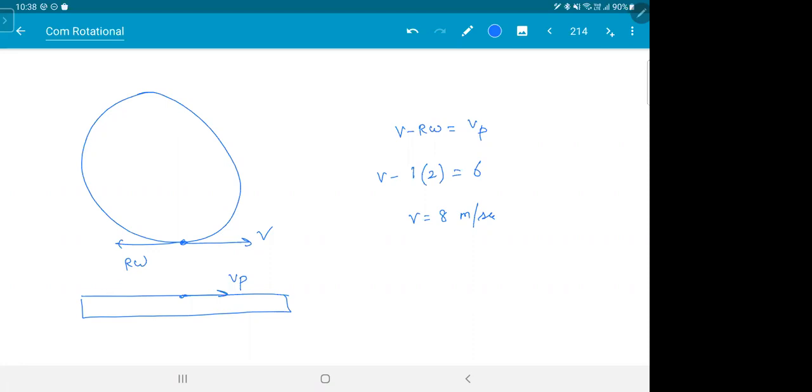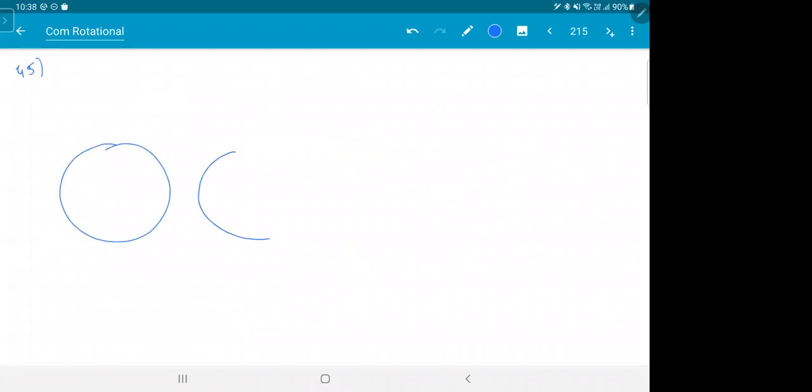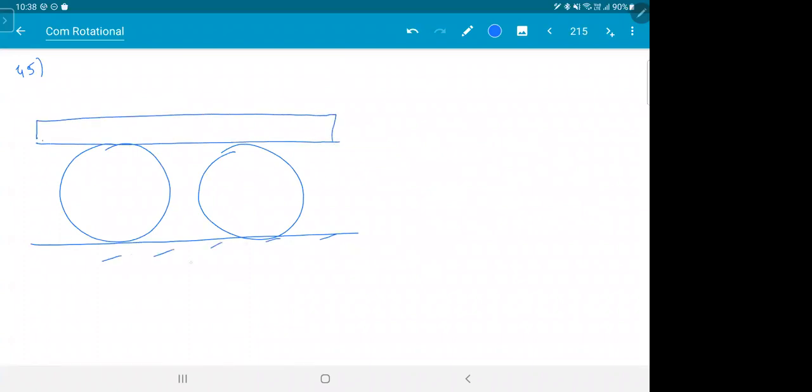Turning the page. We have two cylinders on a plank. Okay, this is ground. Plank is this. This is rotating with omega. This is rotating with omega. Omega is 10 radian per second. Radius is 1 meter.